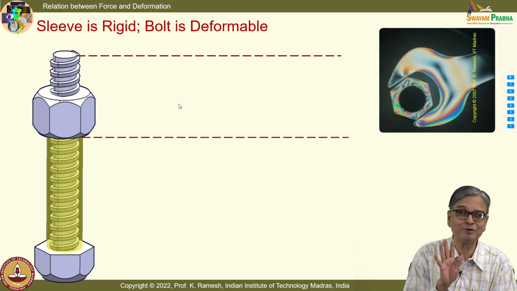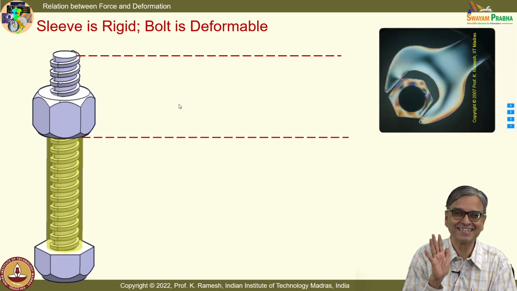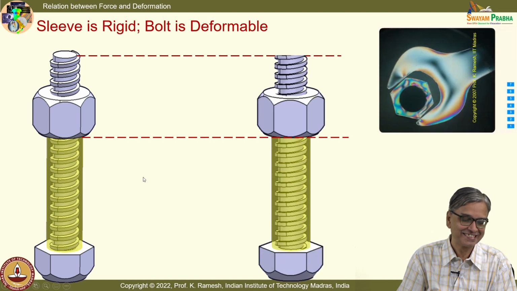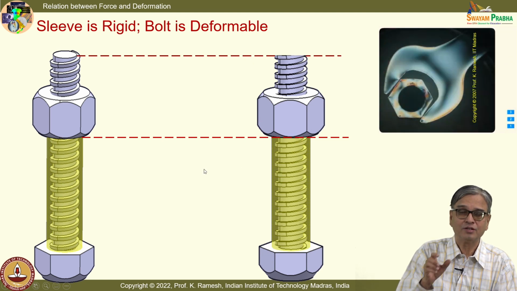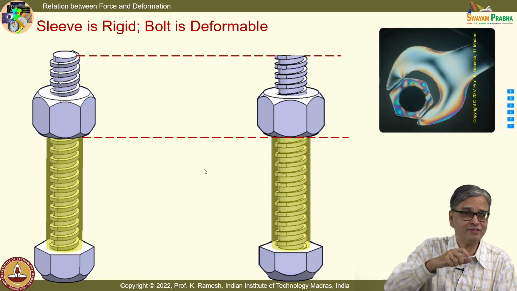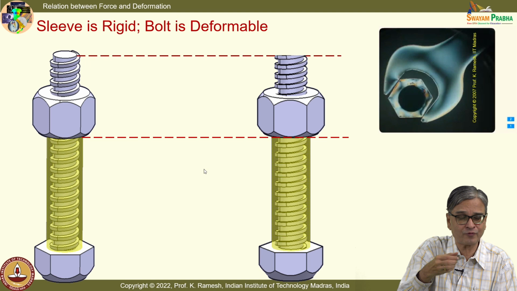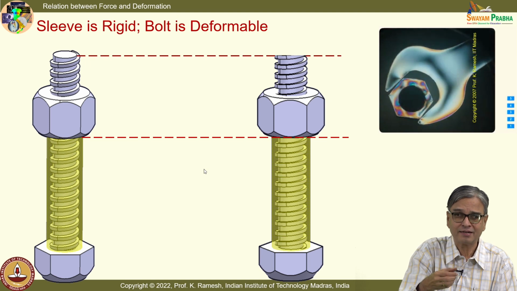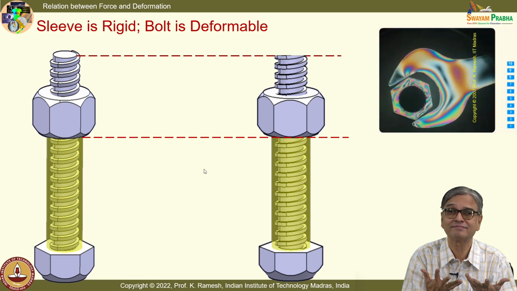Now, we will worry only about the sleeve and the bolt, we will not worry about the nut. Fine? Okay. And I have this. So, when it is rigid, you must have observed that while tightening the nut, there is also linear movement of the nut. Where does this deformation come in?